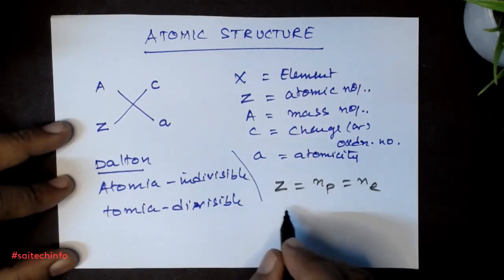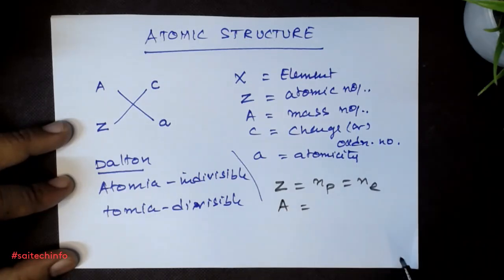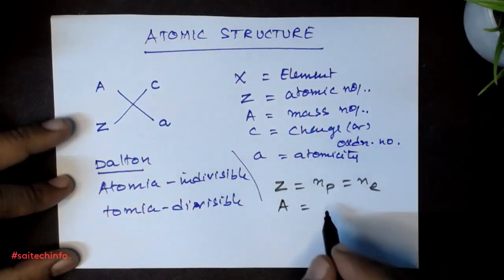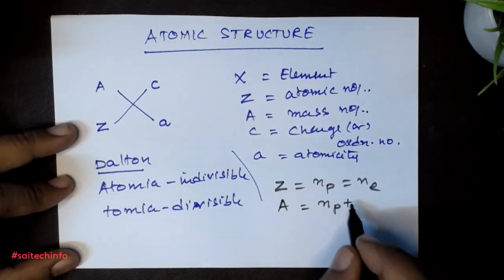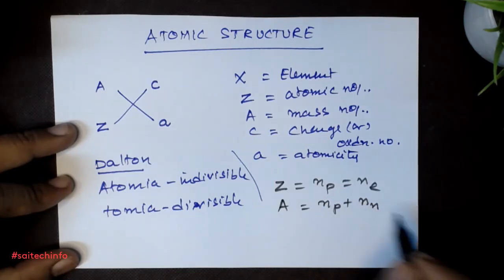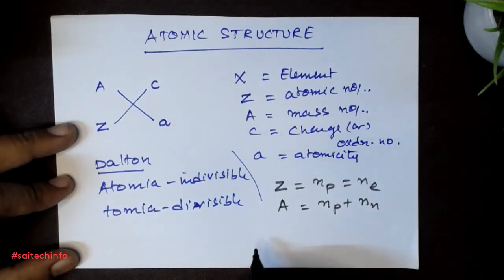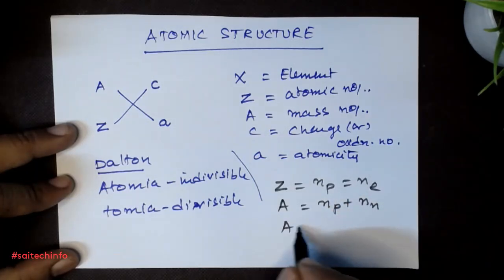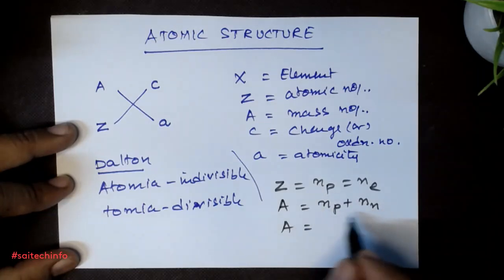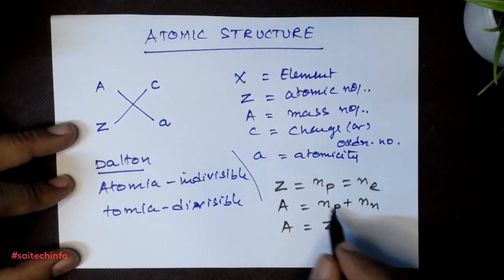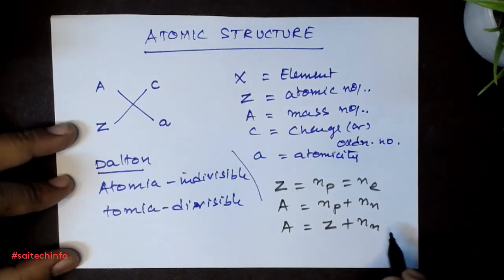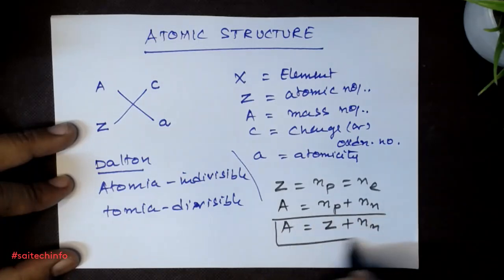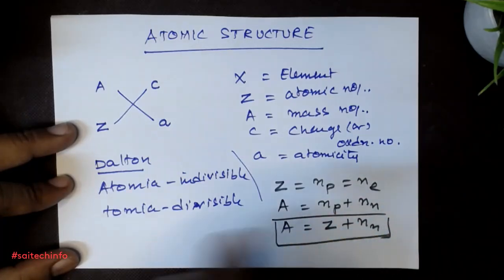Whereas A is the mass number, which is nothing but the number of protons plus number of neutrons. Of course, instead of number of protons we can include Z, so it is Z plus number of neutrons. So this is an important formula from which we can calculate the number of neutrons also.